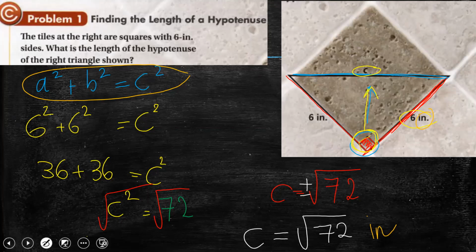This is the right angle. The side opposite to the right angle will be the hypotenuse. So I need to find C. As I told you, if I have the length of two sides, I can find the length of the third one. So 6 squared plus 6 squared gives me C squared.